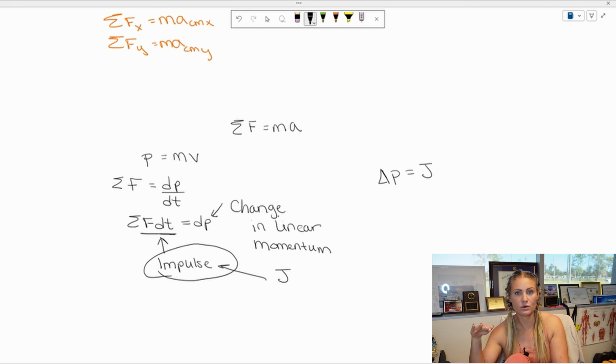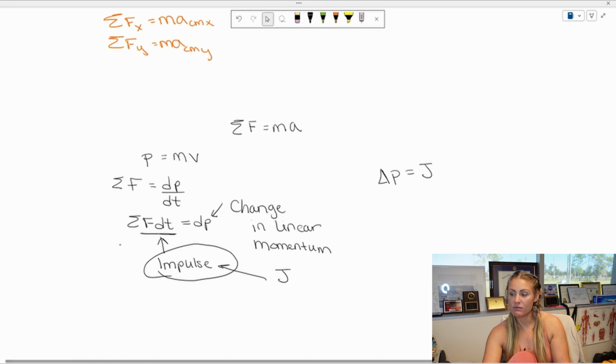If there is no impulse, then momentum isn't going to change. That's based off of Newton's first law. Lastly, notice that if there is an impulse, the object will either speed up, slow down, or change direction. That is going to be your second tool.